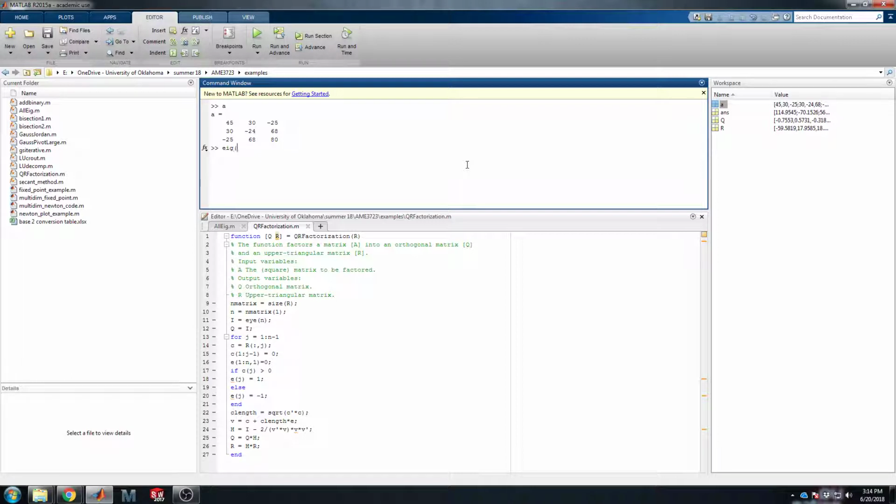So if we use MATLAB's built-in function for eigenvalues of A, you get negative 70, 56, 114.95. So hopefully we get the same eigenvalues in our numeric methods. Now, while we're on the subject, it's important to know that you can actually get both eigenvectors and eigenvalues out from MATLAB.